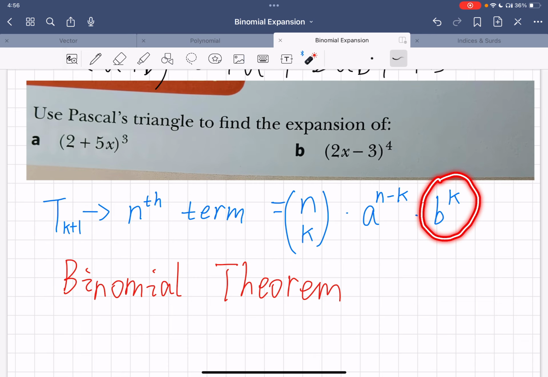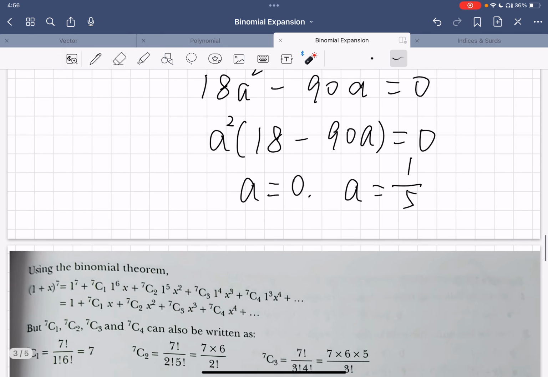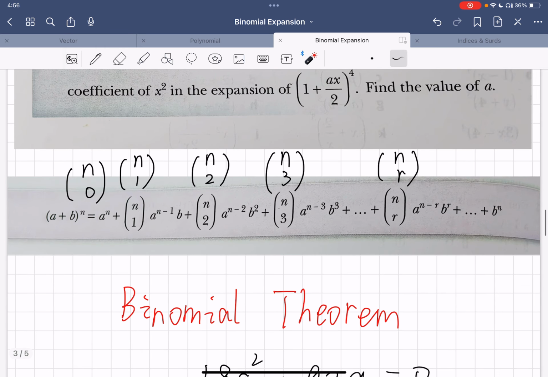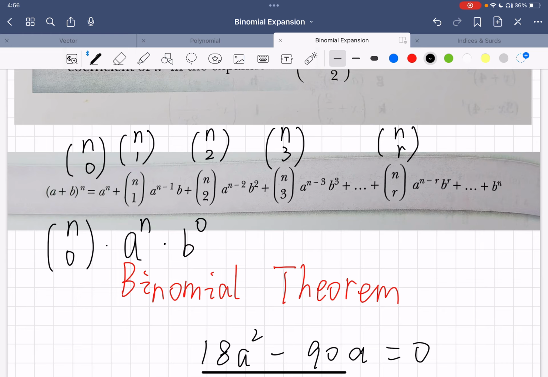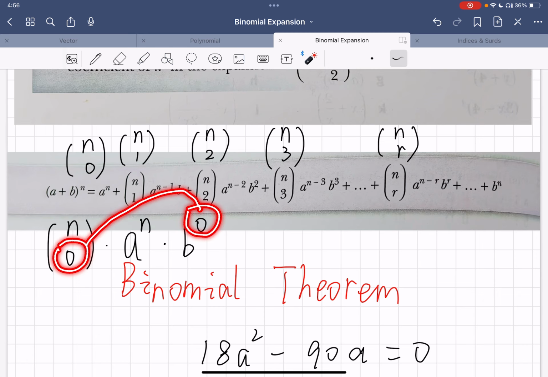That is the later term in an expansion, right? So for the first term, you can still write in this way. It's nC0 times a to the power n times b to the power 0. Very good.